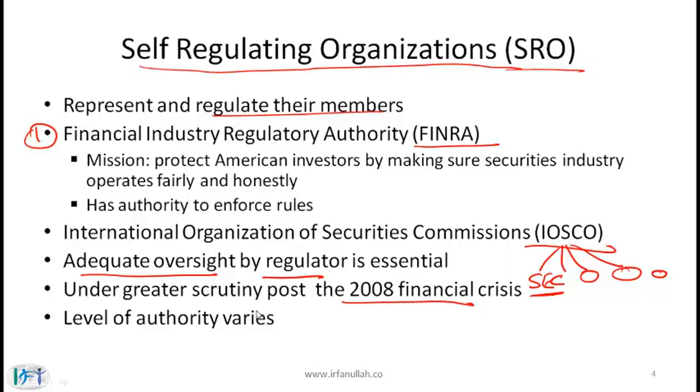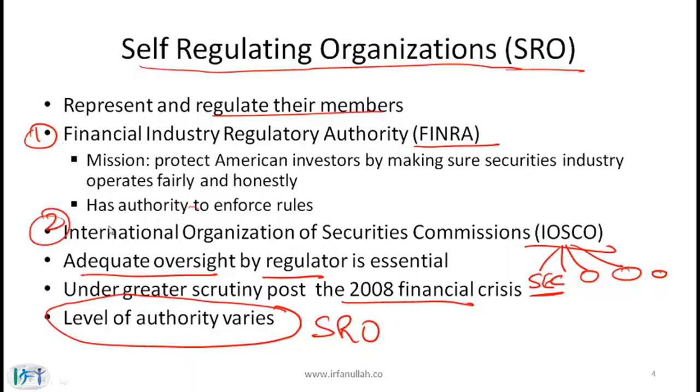As a high-level remark, the level of authority with SROs varies. You probably got a sense of that from the two examples that I spoke about earlier, FINRA and IOSCO, but the level of authority that a SRO has spans a spectrum.